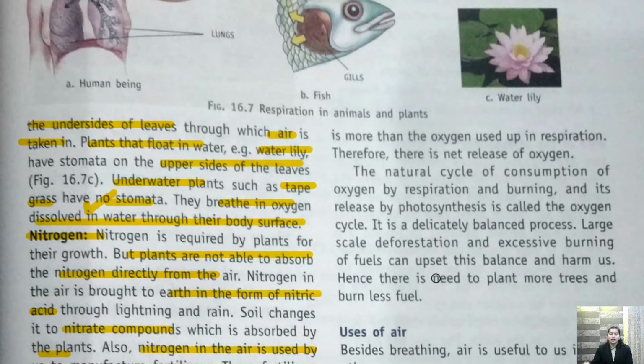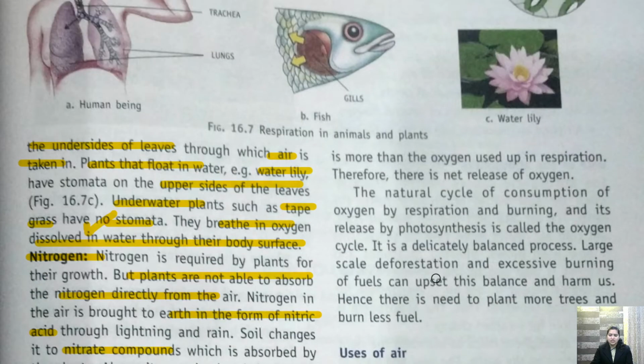This I have already explained to you children in the previous class, that during the day and night in both cases plants take oxygen, but the amount of oxygen they take is less as compared to the oxygen that they release during the process of photosynthesis.